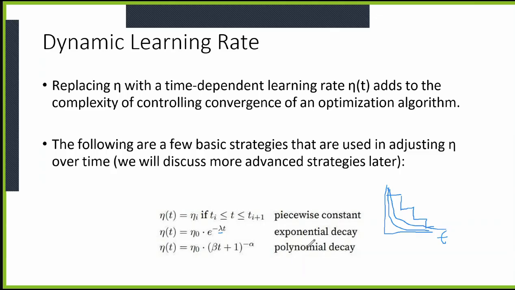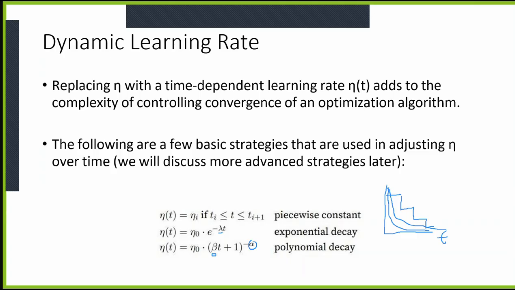And then this alpha could naturally be thought of as a counterpart to the lambda, which controls the steepness of the decay. And the beta is a hyperparameter that corresponds to the time scaling factor.